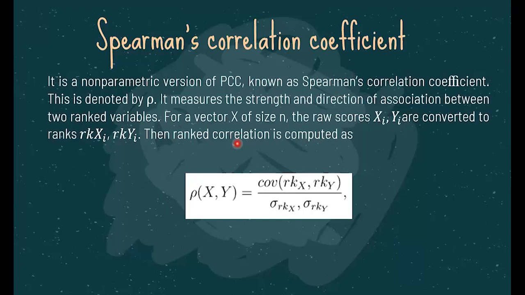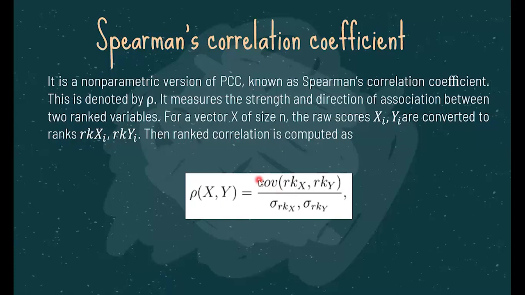For a vector x of size n, the raw scores, xi and yi, that is the original values, are converted to ranks, rank of xi and rank of yi, and then their correlation is computed. Ranks can be in incremental or decremental order, either way, and then you can compute the ranked correlation coefficient.